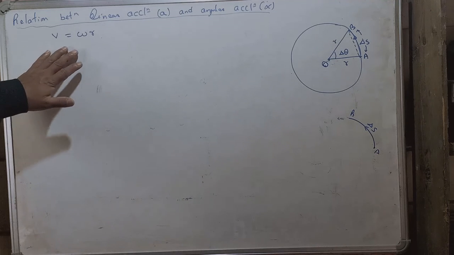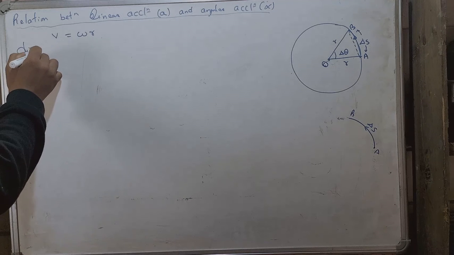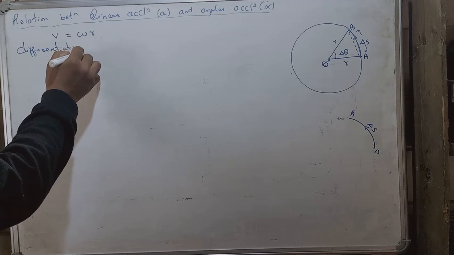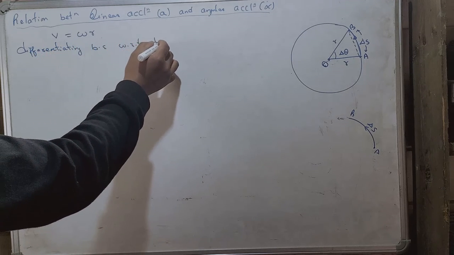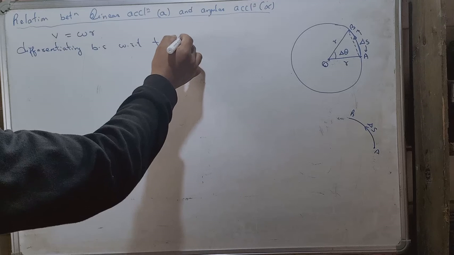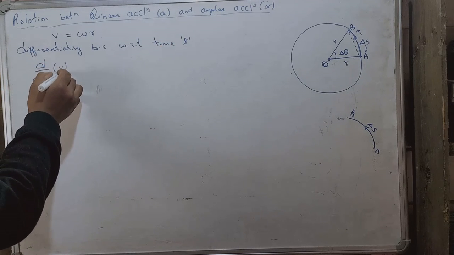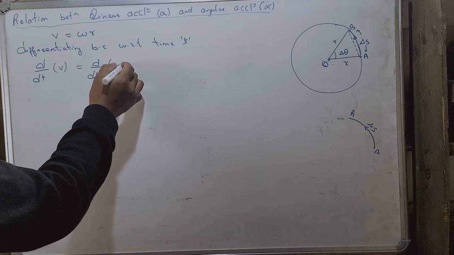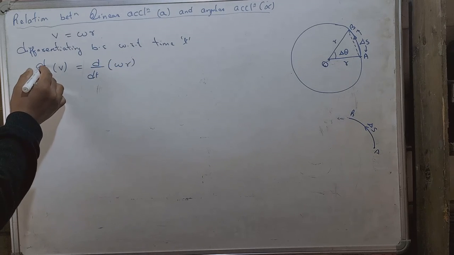Now, if we differentiate this equation both sides with respect to time, let's say t, then you will get d/dt of v, and on the right hand side d/dt of omega r. Or we can say this is dv upon dt.